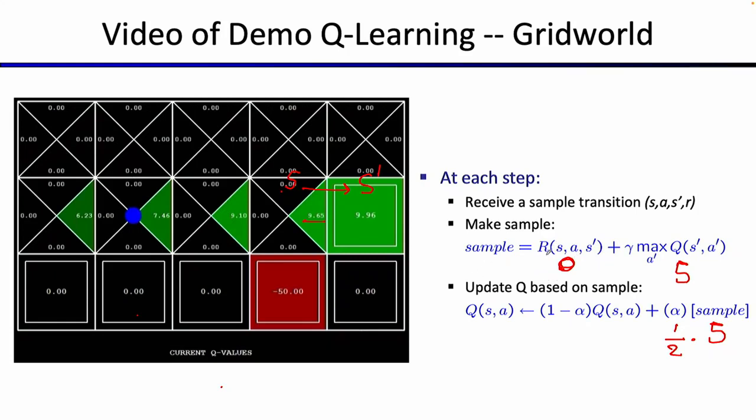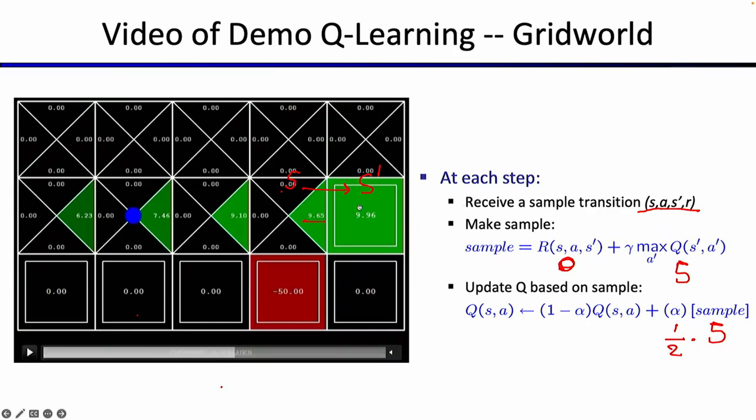For our purposes, we just receive some transition, and the only requirement is that S prime needs to be an actual successor that you get from S. Exactly what order they come in, we don't really make any assumptions. Here, they were coming in sequentially, but as we'll see in the next slide, the algorithm still works even if they don't come sequentially.